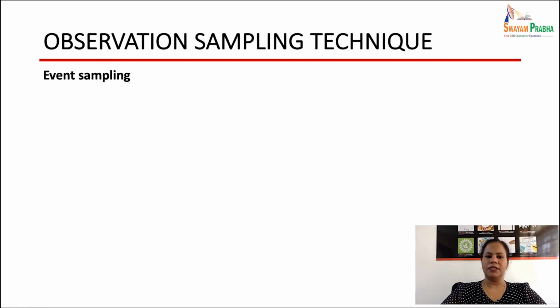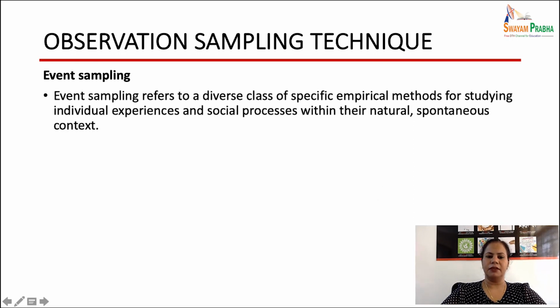Another type is event sampling. Event sampling refers to a diverse class of specific empirical methods for studying individual experiences and social processes within their natural spontaneous context. So in event sampling, you have to see which particular type of social processes the person will be assessing.